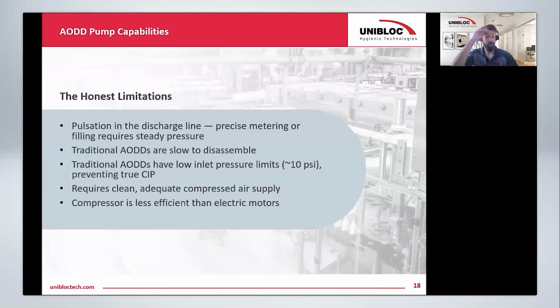And with your viscous products, it's very evident. So if you have an application where you want precise metering, this is probably not the pump for it, because you're going to have these peaks and valleys in your flow. And if you're trying to get a really precise amount of product every time, depending on where you are, you could be pretty far off.